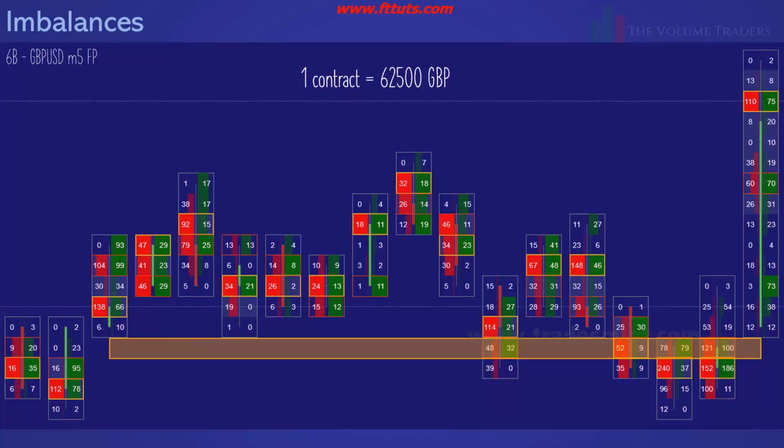In the example here, we have 0 on the bid and 23 on the ask. The math is simple: 23 times 62,500 means almost £1.5 million of buy pressure appears on this price level.